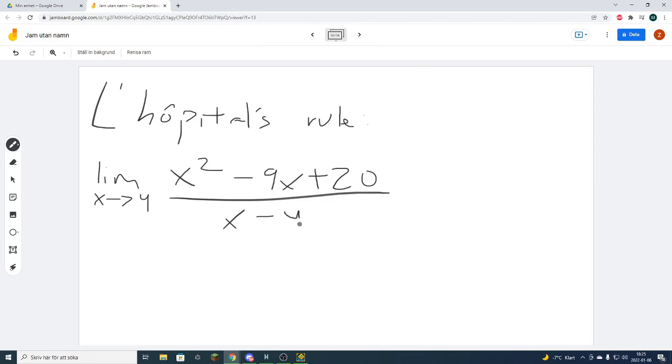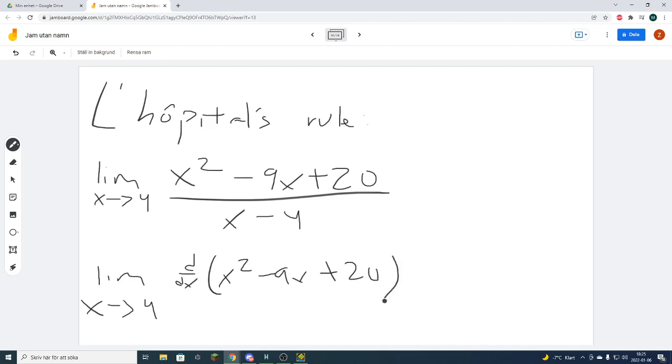over x minus 4. So what we have to do now is take the derivative of this in order to use the rule. So we take the limit as x goes to 4, and we take d/dx of x squared minus 9x plus 20 over the derivative of x minus 4. This isn't an awfully difficult derivative.